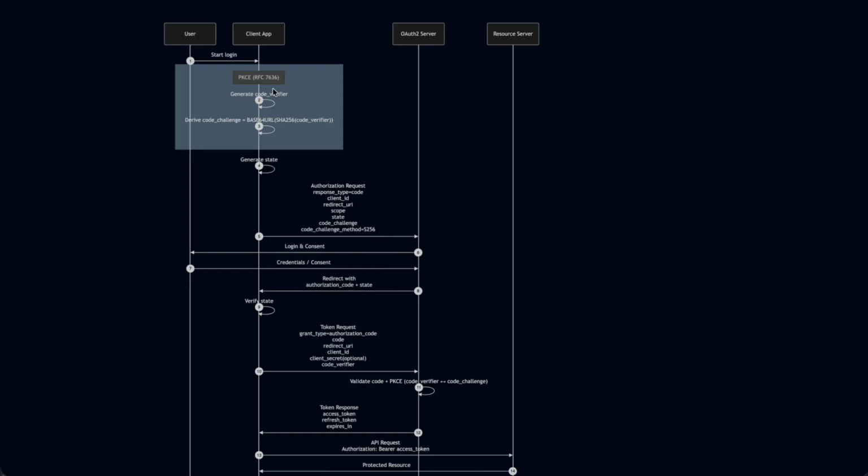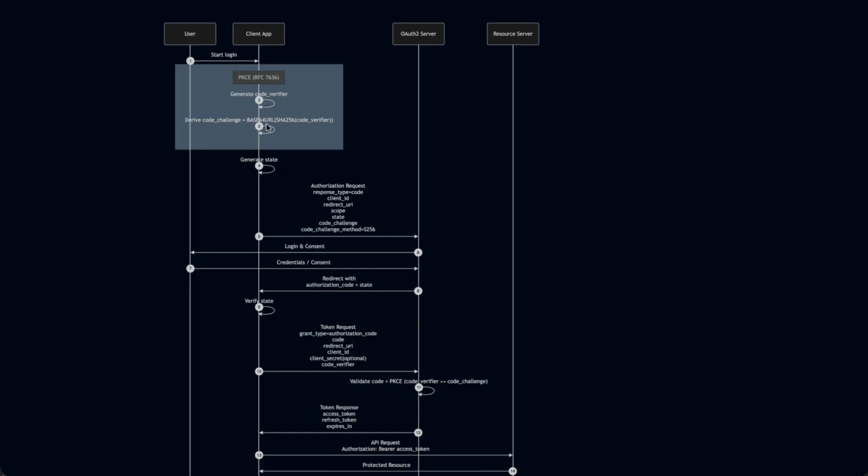So the OAuth mechanism starts with this PKCE mechanism where you generate something called a code verifier, and then you hash this code verifier string and you get a hash.